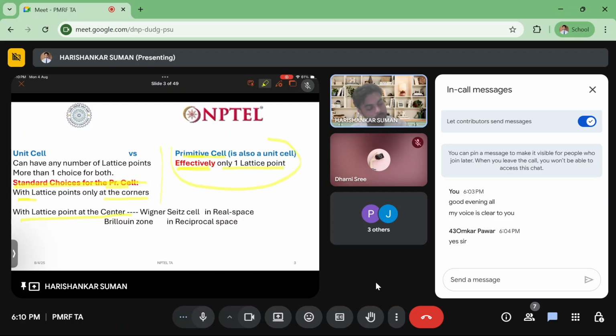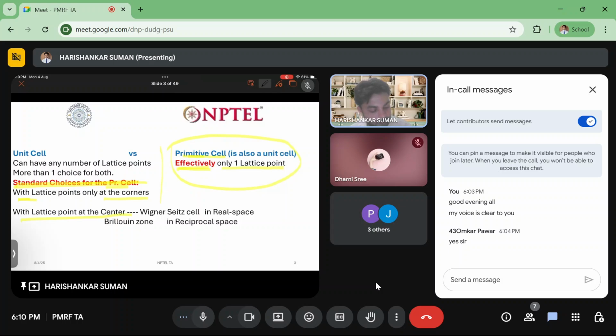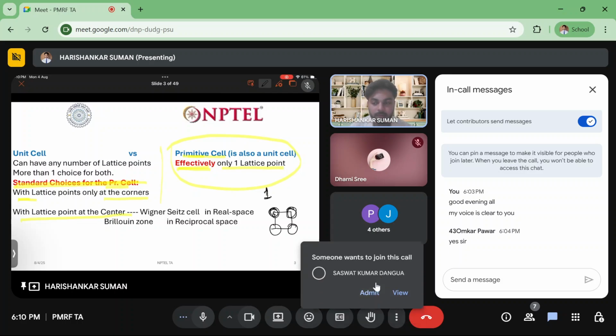What is more important here? Only one point. The standard choice is like that: atoms should be at the corners, and the contribution of all these four should be one. Clear?